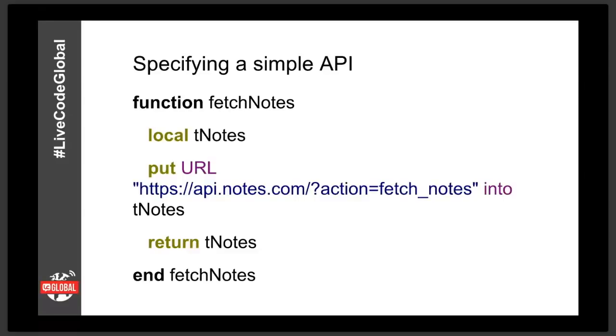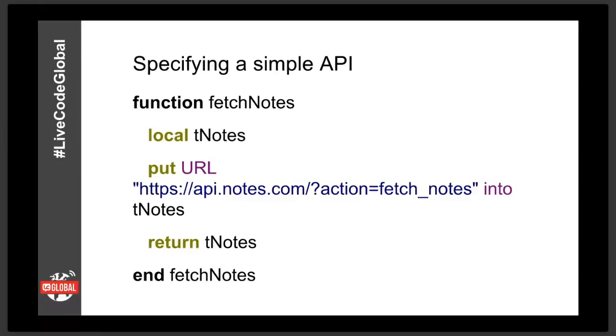You remember one of our data layer commands or functions in this case was fetch notes. So this returns all the notes in the database. And this is just an example of how it may be done, by getting the contents of the URL api.notes.com and then specifying an action equals fetch notes.